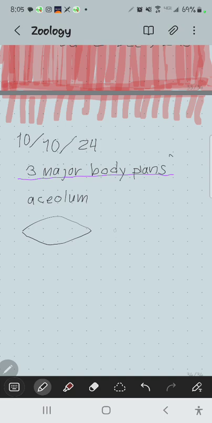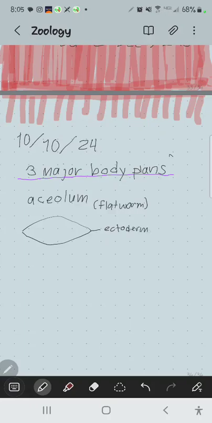Okay, so on the outside, we are looking at ectoderm. This is usually a single cell layer thickness of outer layer of tissue, ectoderm, that protects the outside.